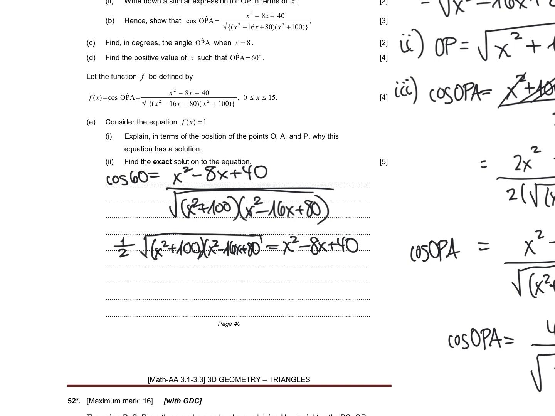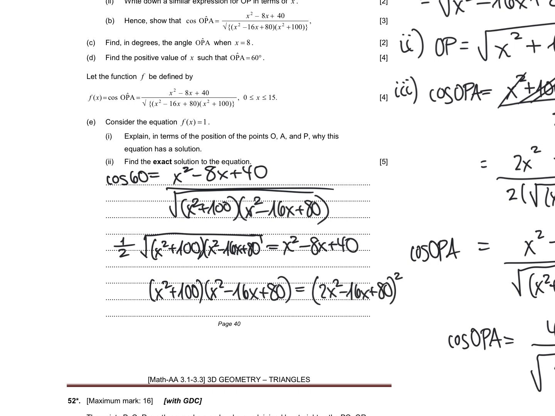So if we multiply by 2 and square that, so we're going to have 2x squared minus 16x plus 80 squared.